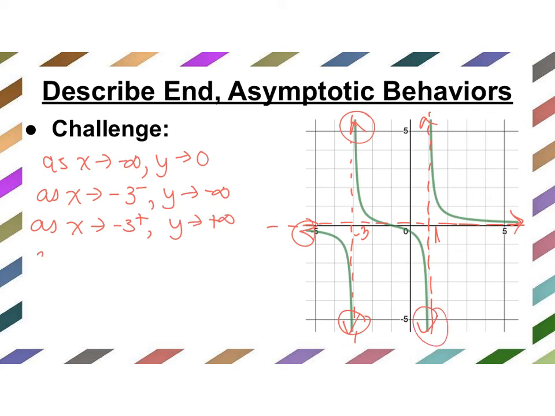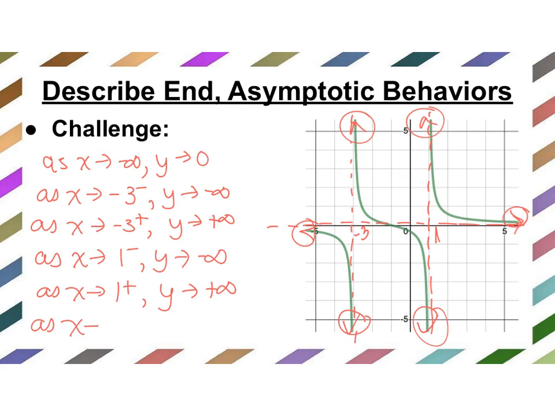This bottom one, as x approaches +1 from the left, y is approaching negative infinity. This top one, as x approaches 1 from the right, y is going to positive infinity. And my last one, as x approaches positive infinity, y is approaching 0.